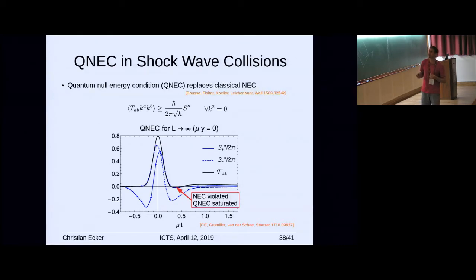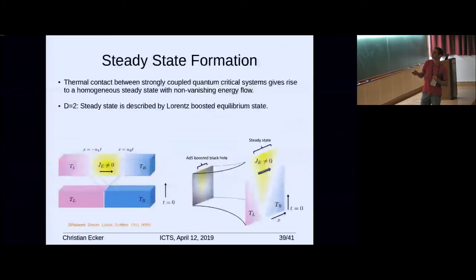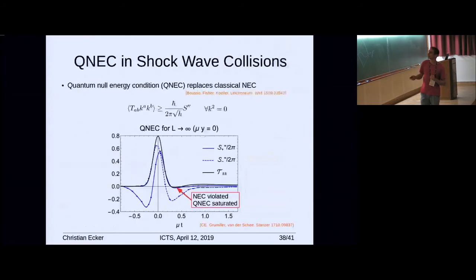This derivative is a derivative along a light-like direction, and this light-like direction coincides with the light-like vector that you use for the projection. You can have a deformation on one side and a deformation on the other side, and these cases actually behave differently.